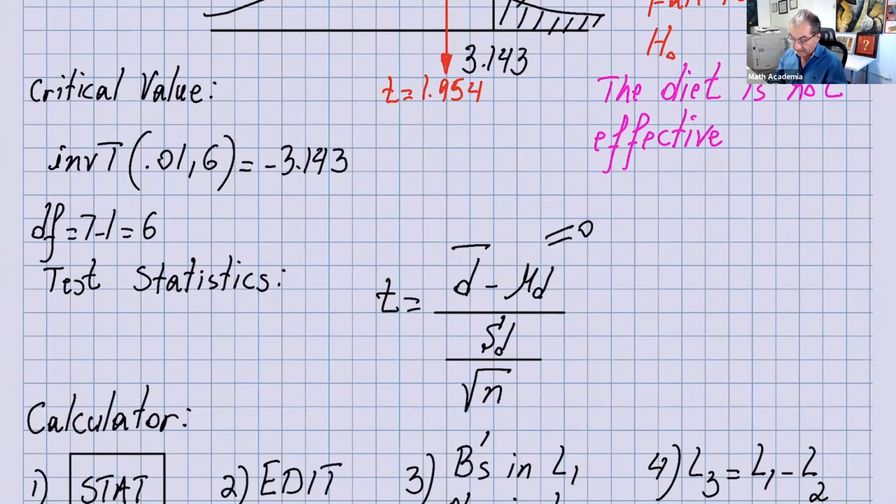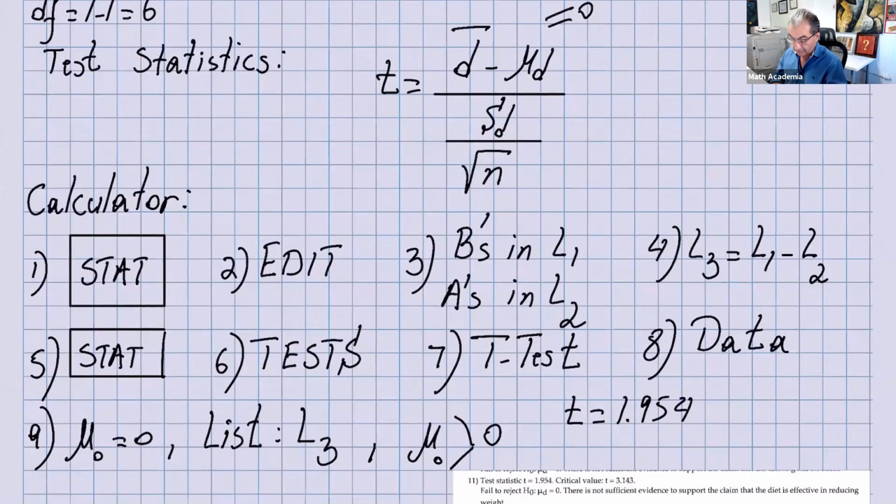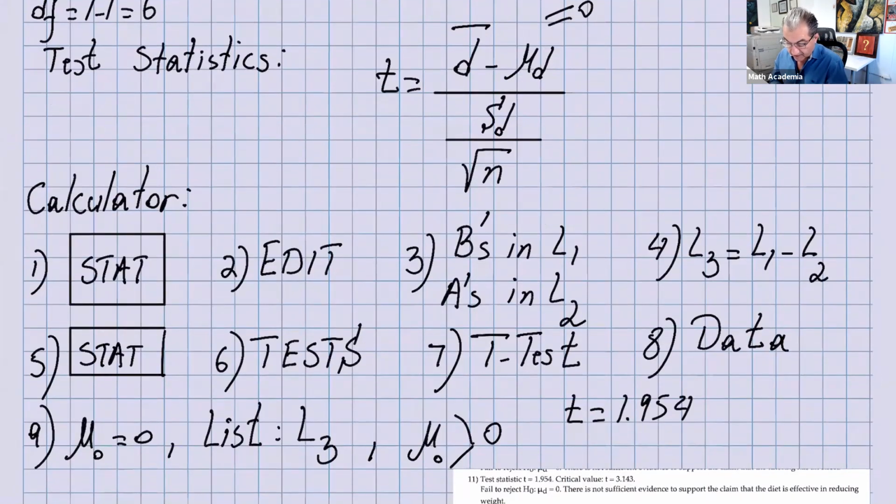You can find those values by using your calculator and substitute, or just like the last problem, go to stat, edit, befores in L1, afters in L2. Then step number 4, go to L3, do L1 minus L2. Go back to stat, test, and it's a t-test.